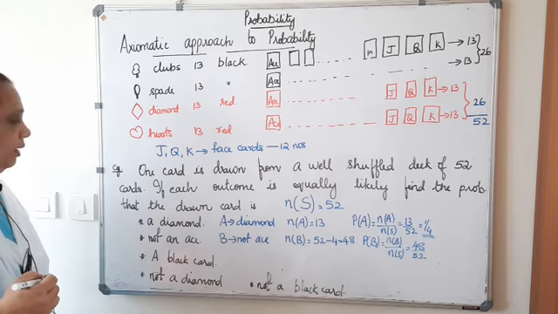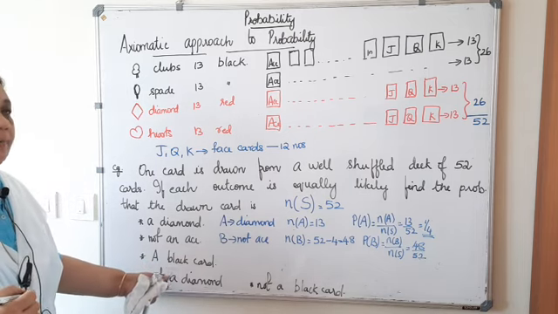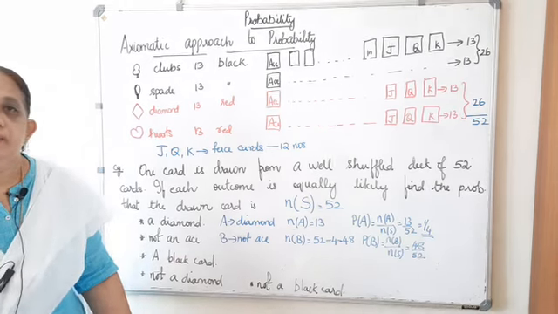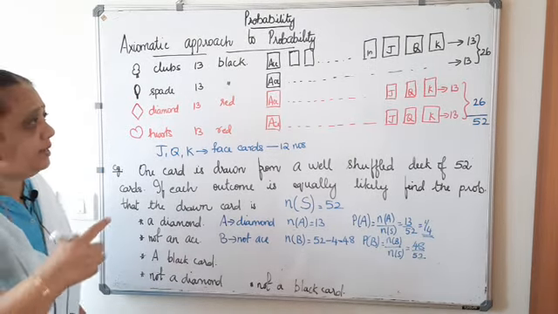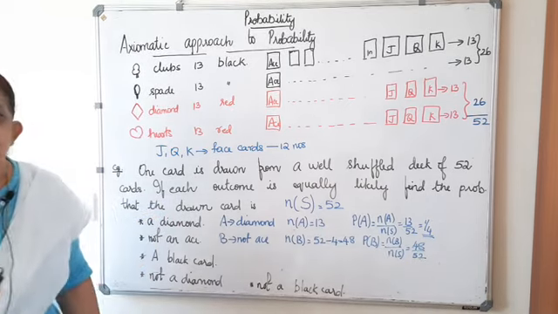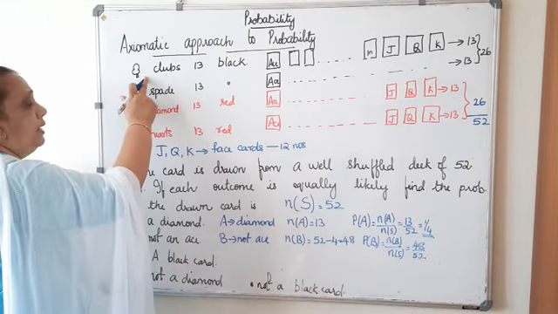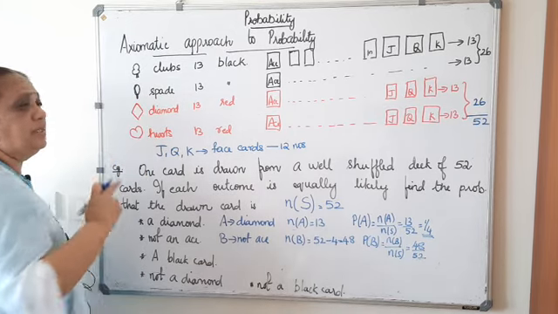Now, next question is, one card is drawn. What is the probability that the drawn card is a black card? A black card can be drawn only from the black cards, and there are 26 black cards. That is, 13 belong to the club set and 13 belong to the spade set.